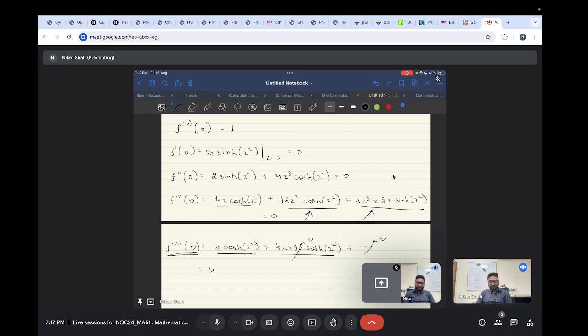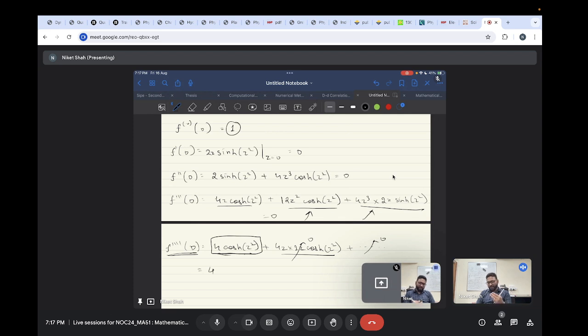So if you see this cycle, the zeroth derivative, the zeroth term, was this 1, which was non-zero. For the next three derivatives, we have in some way either z in front of cosh, or sinh terms, so we constantly get 0. At the fourth derivative level, somewhere we'll get a term like this.